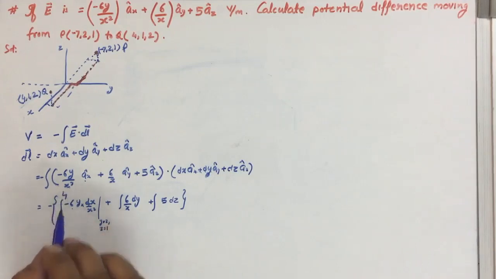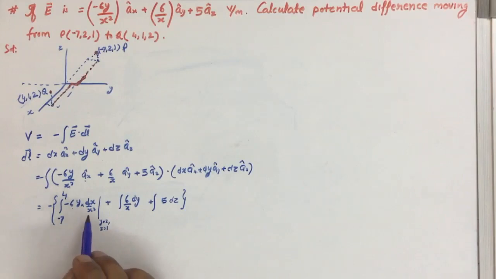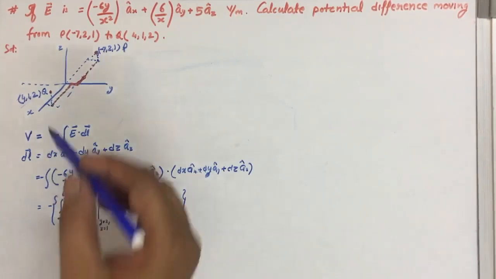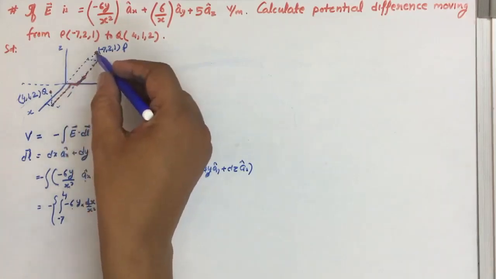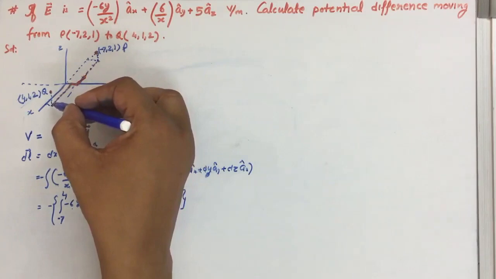Hope it is meaningful to all of you, because we are moving in the direction of x only, from -7 to 4.